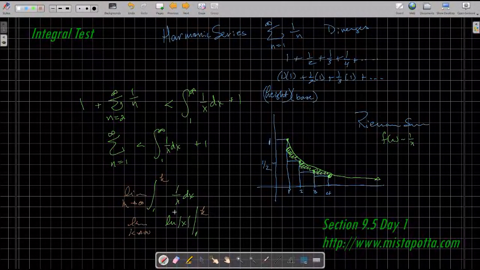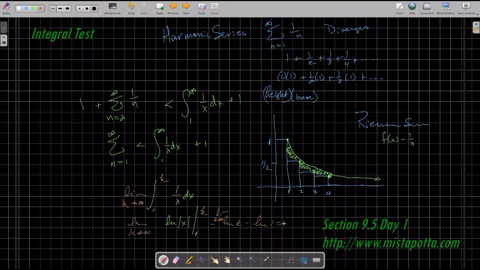What I've actually got here is the natural log of k minus the natural log of 1 as k increases without bounds.